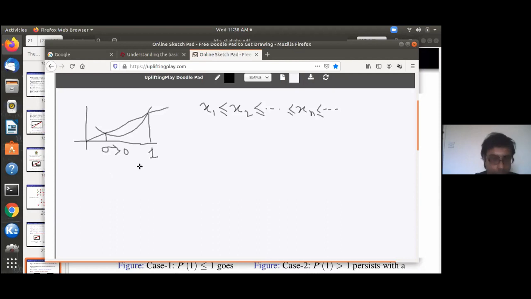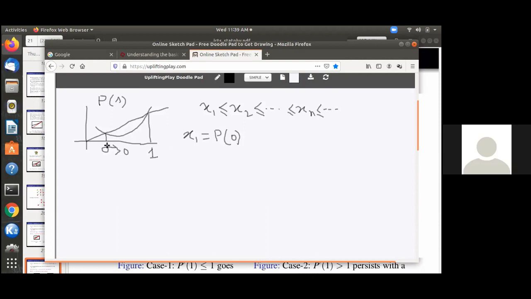Now what is the probability that it will go extinct after the first generation? Let us take x1. x1 is basically P evaluated at 0, because P(s) was the generating function for the first generation progenies, right? So P(0) equals x1. You are now convinced about this, right?